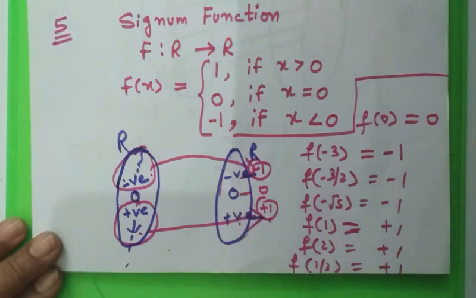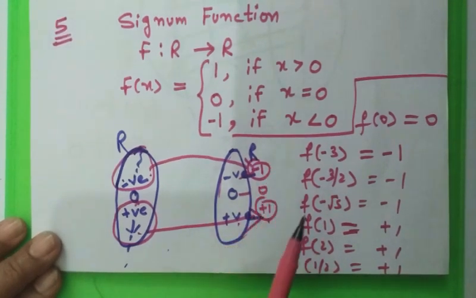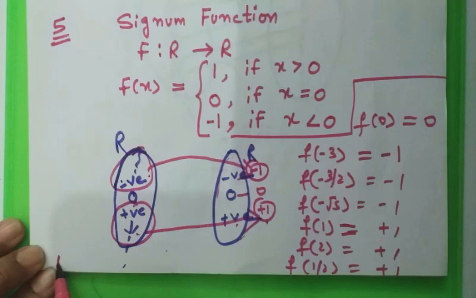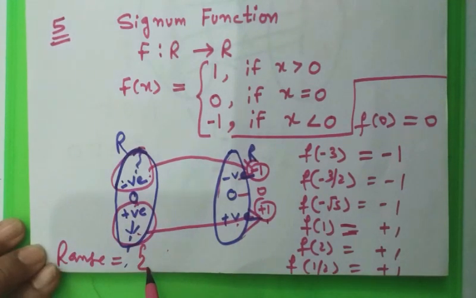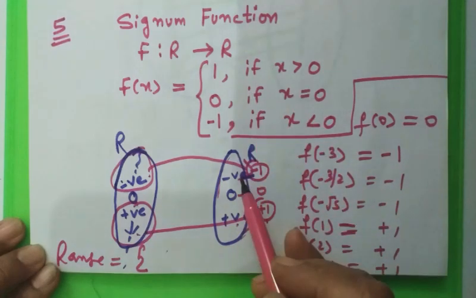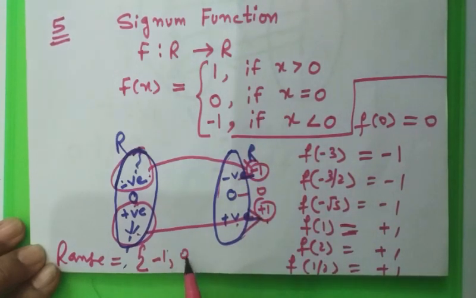It is not onto. Are you satisfied with this? I can tell you one more thing: a function is onto when the range of the function is equal to the codomain of the function. So the range of this function is only -1, 0, 1. Only these three numbers are there in the range.